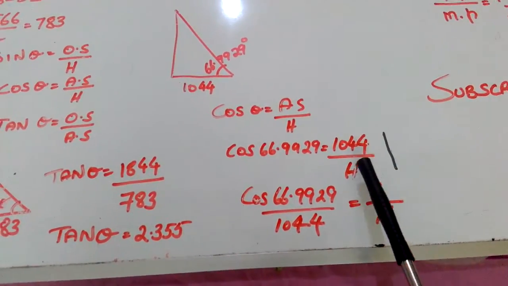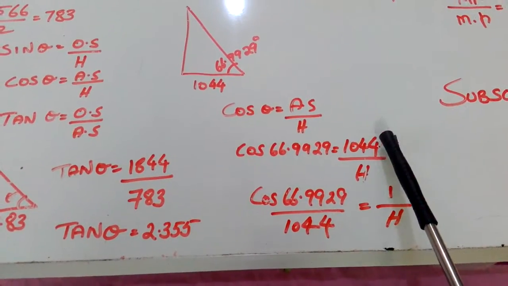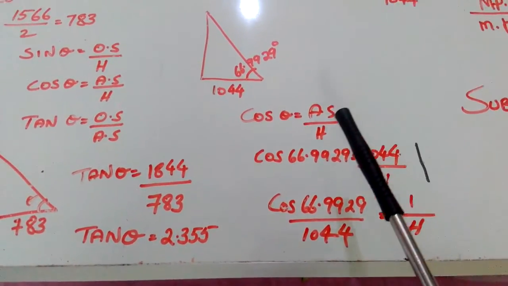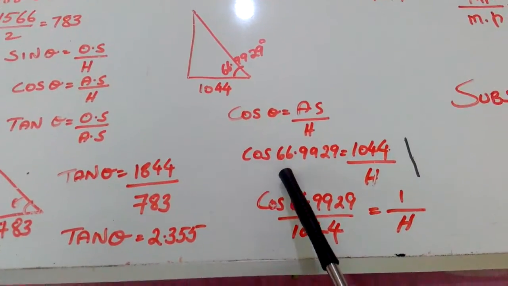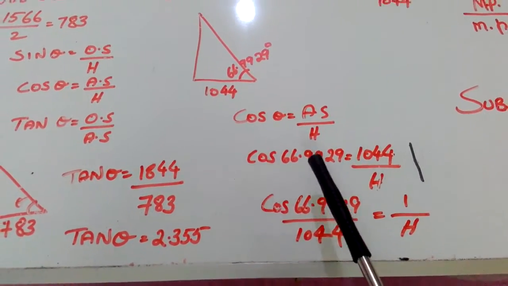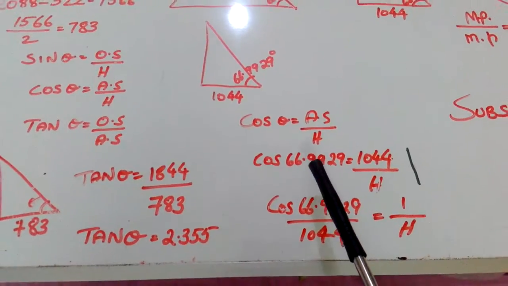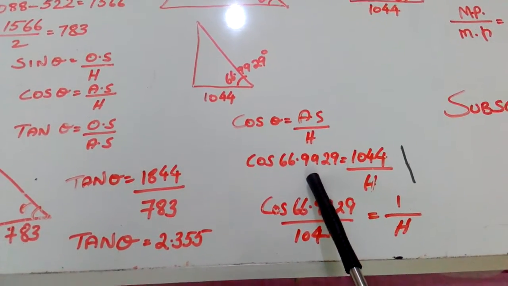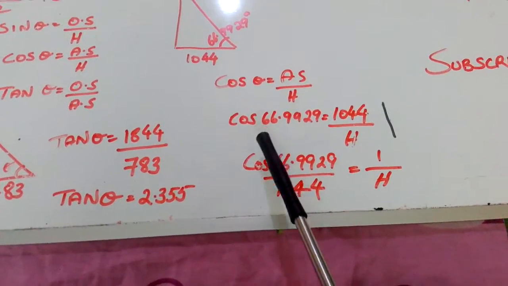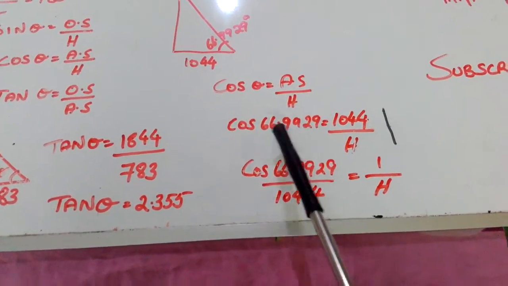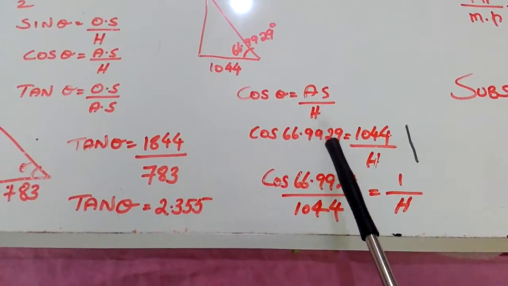We are keeping h here, and we are taking this 1044 to the left side. So it will reach the bottom side of cos 66.9929. I have indicated it in this line.